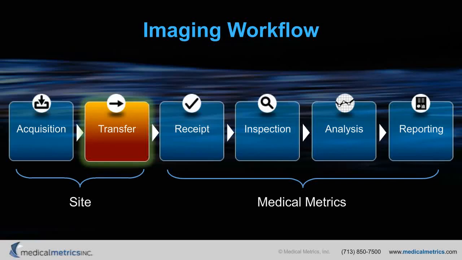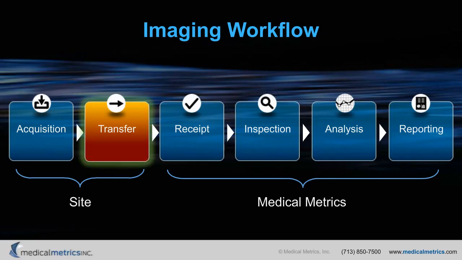So let's talk a little bit about how Medidata fits into our workflow. In general, there are 6 basic steps in the image handling process. Image acquisition at the site, image transfer from the site to the core lab, image receipt by the core lab, image inspection and site feedback, image analysis in QC, and reporting of the analysis results.